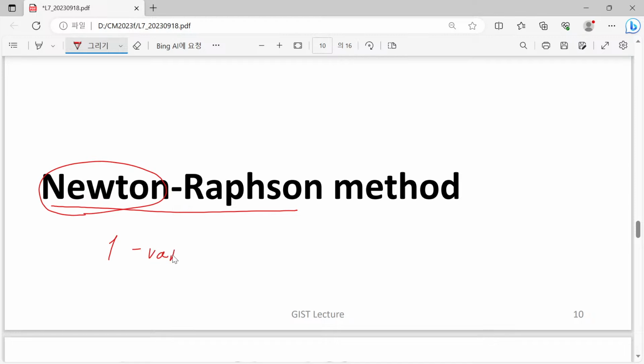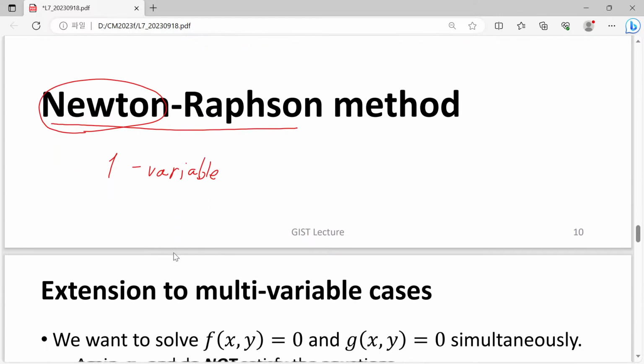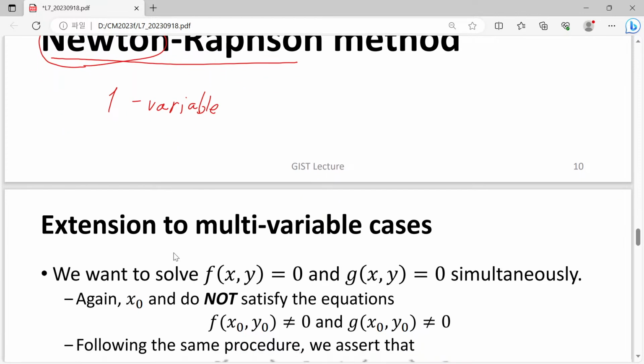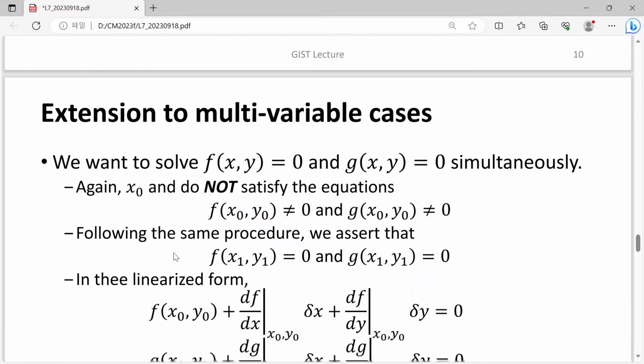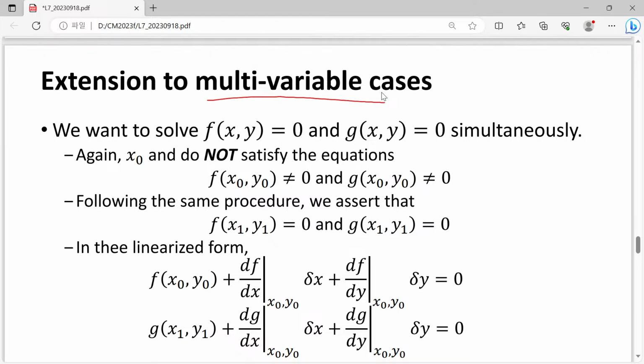When we have multiple variables, 2, 3, or 100,000, in our case we can easily have 10,000 or 100,000 unknown variables, then we can solve this complex system also with our Newton-Raphson method. So extension of the Newton method to multivariable cases is called the Newton-Raphson method.